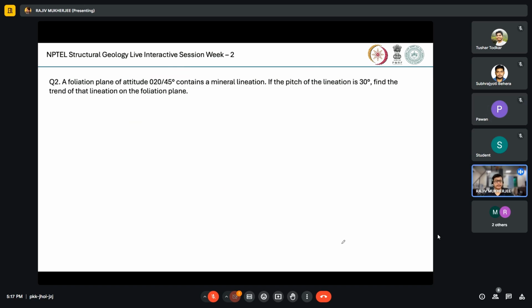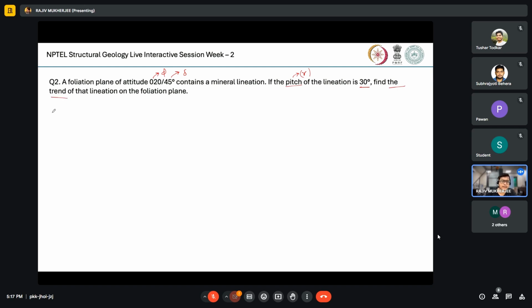Okay. So the second question is: a foliation plane of attitude 0 to 0, 45 degrees. So again we have our phi and our delta. It contains a mineral lineation. If the pitch, that means the rake of the lineation, is 30 degrees, find the trend of that lineation.